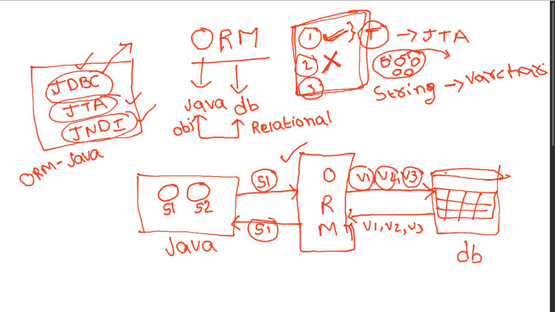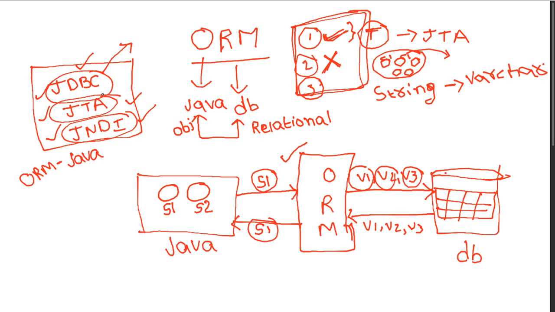I will explain JDBC, JTA and JNDI in depth. Once we go in depth into Hibernate, then I will explain how the queries will execute in JDBC, how the queries will execute with JTA, and how the queries will execute with JNDI.